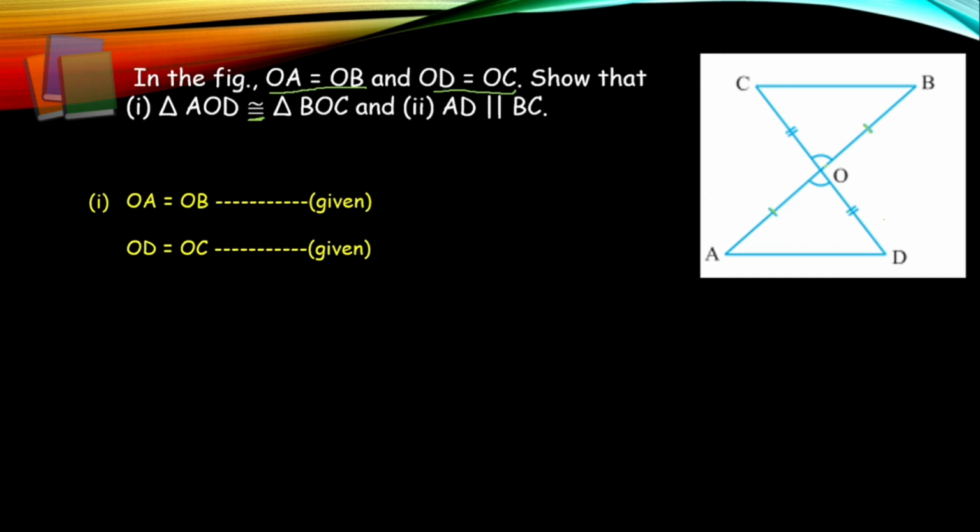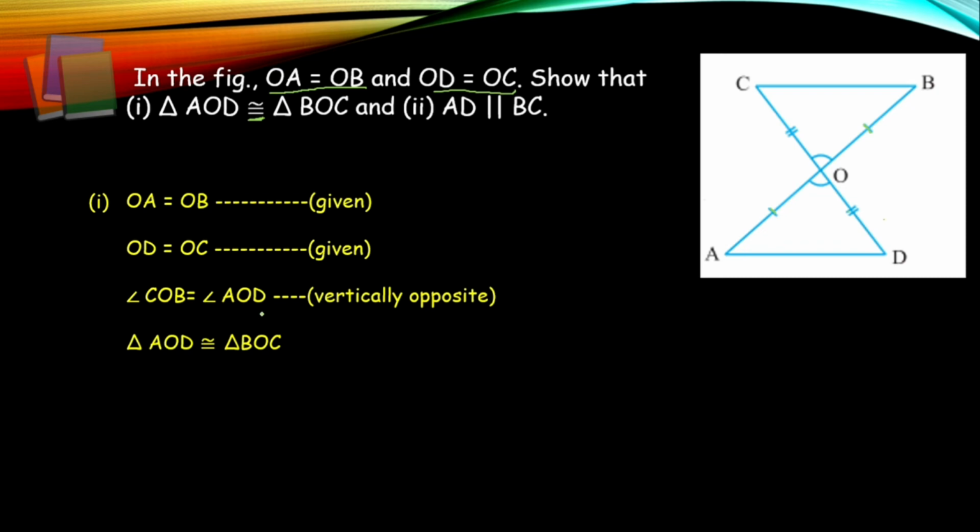So we can say that the angle BOC from the triangle BOC and the angle AOD from the triangle AOD are equal as they are vertically opposite angles. We have to write in the bracket why it is equal. So here it is equal because they are vertically opposite angles.